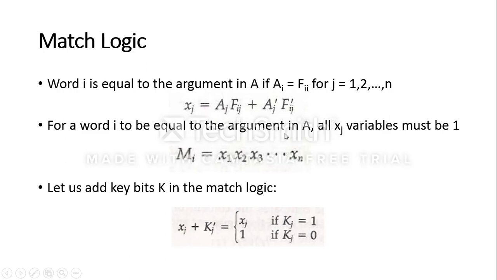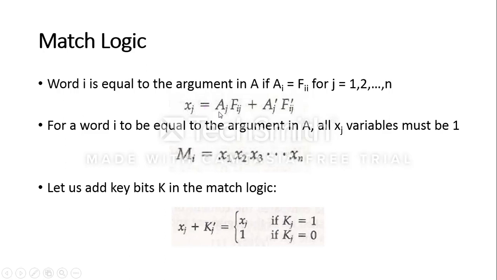The logic equation for this XNOR operation can be written as Aj Fij plus Aj dash Fij dash, like AB plus A dash B dash. This is how we specify the XNOR operation on two binary variables. Here our variables are Aj and Fij.